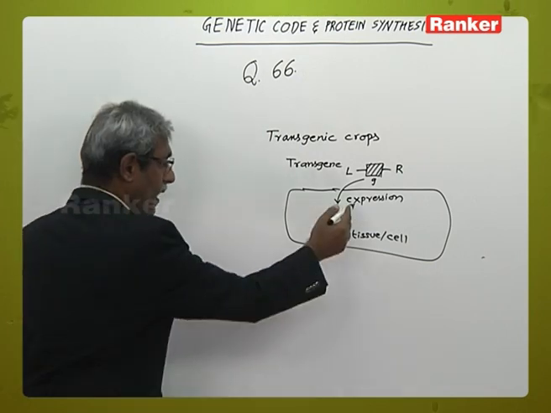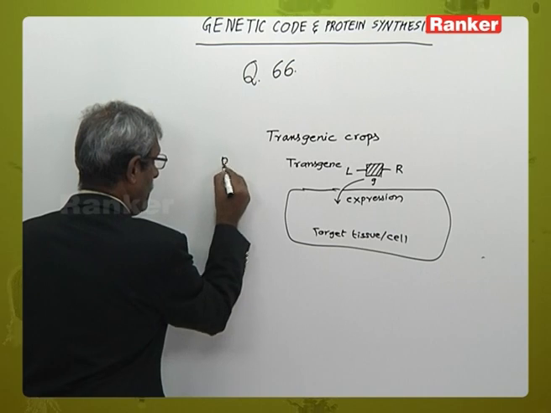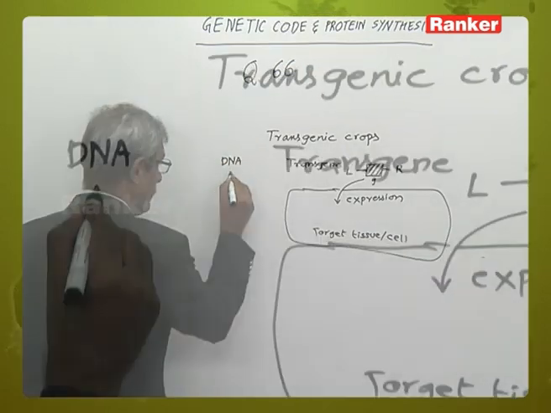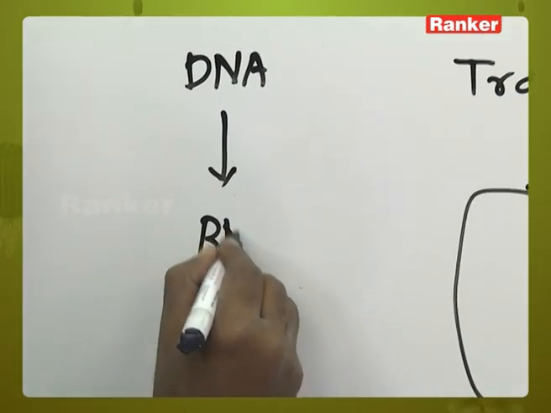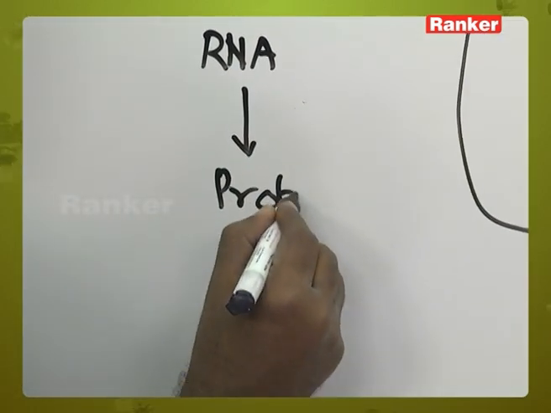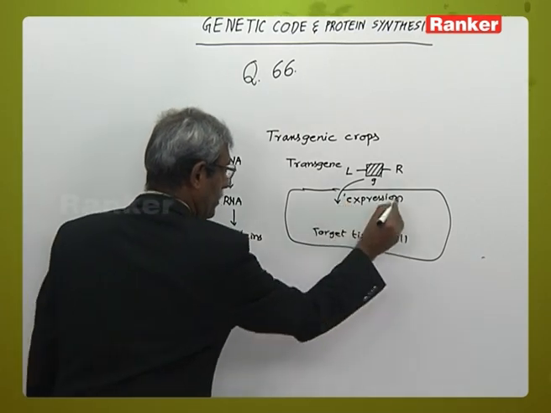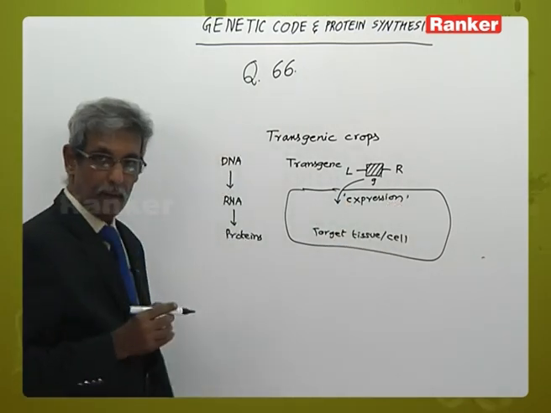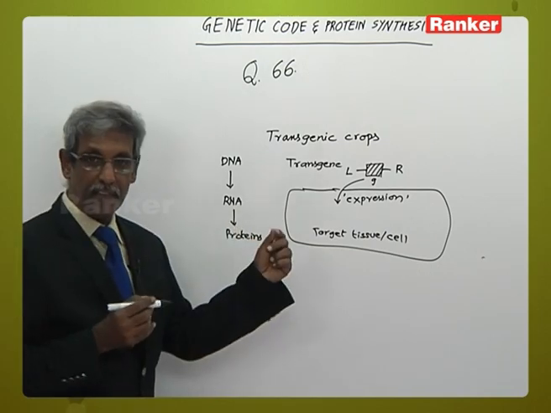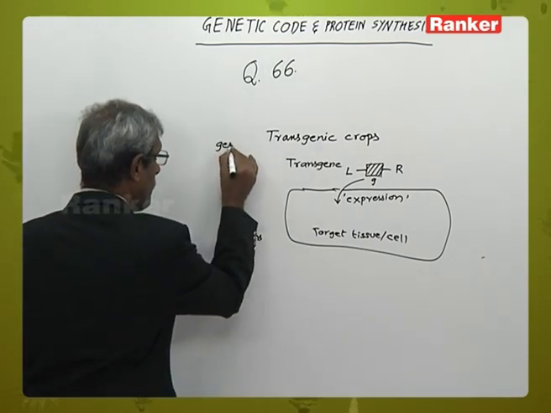When you say gene expression, it means DNA making RNA and RNA making proteins. This primarily is the meaning of the term gene expression. So, always expression is controlled by the gene itself.